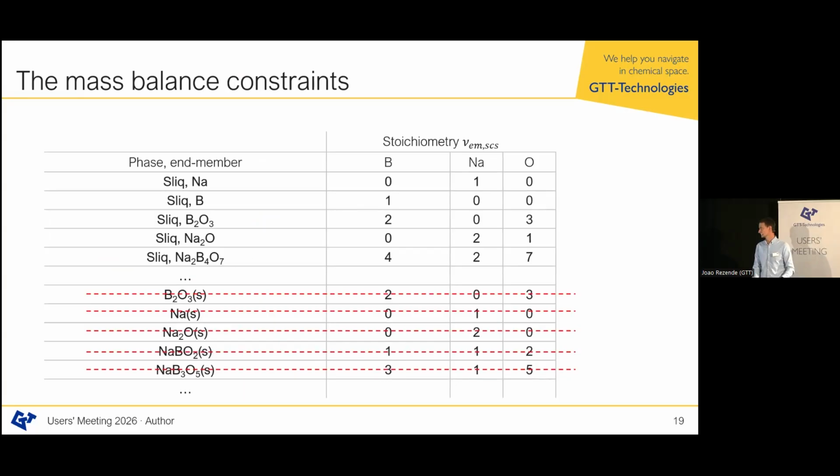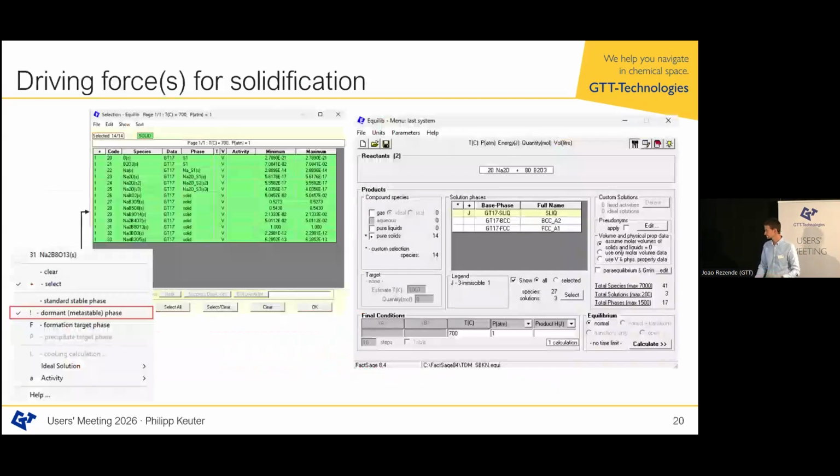But we set them as dormant, right? By setting them as dormant, we calculate the relative stability of all these compounds compared to our calculated equilibrium. How do we do that? Because solution phases here are not relevant, we take all pure solids and we add a lot of dormant phases just to be sure that we catch all of them.